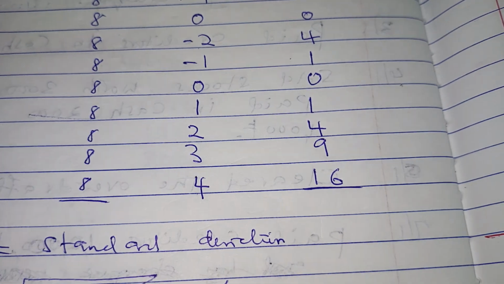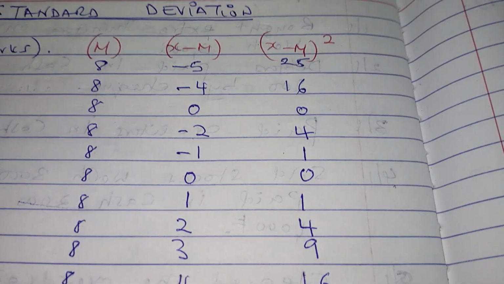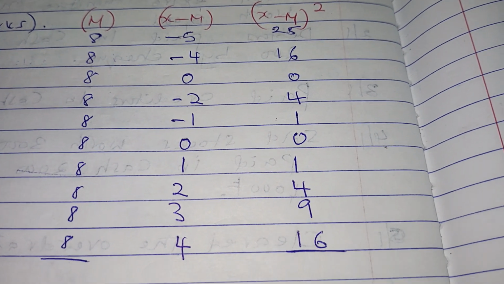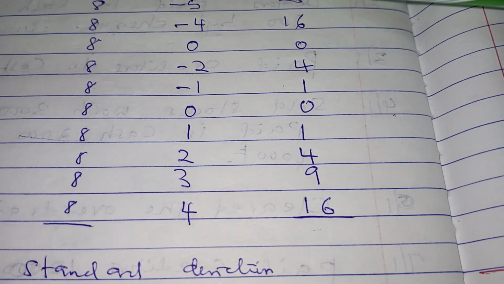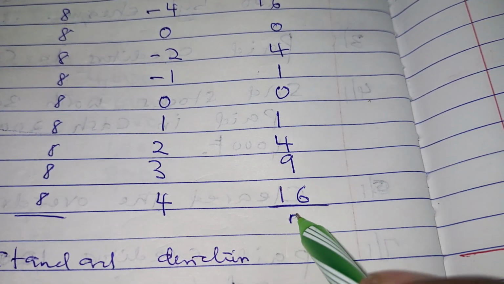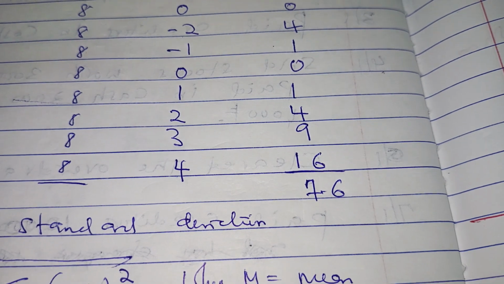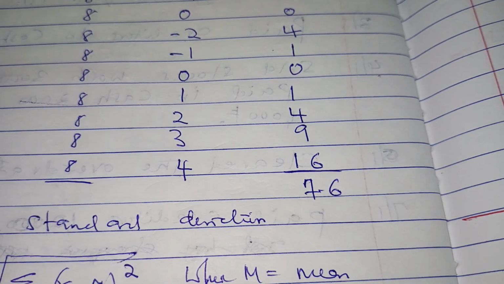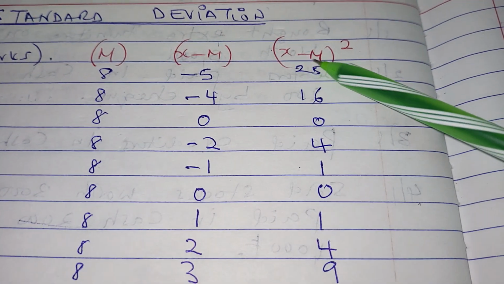Then I get the summation of the squares of the difference between the x and the mean, and the total of the squares is given as 76. This 76 that we are getting here is the sum of the squares of the deviations.